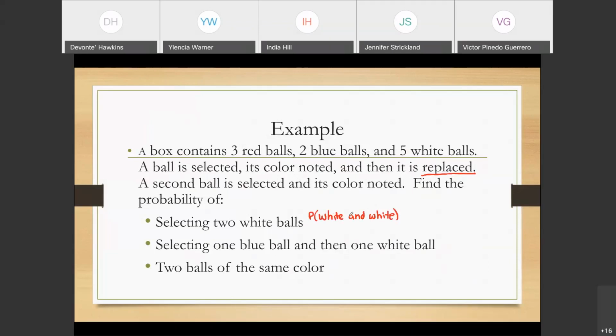I wanted you to see that because it doesn't start off with the "and", but it is an "and" problem. First ball is white and the second one is white. That means the same thing as selecting 2 white balls. So let me apply my formula. My formula says that I'm going to break it up and put the multiplication in between.